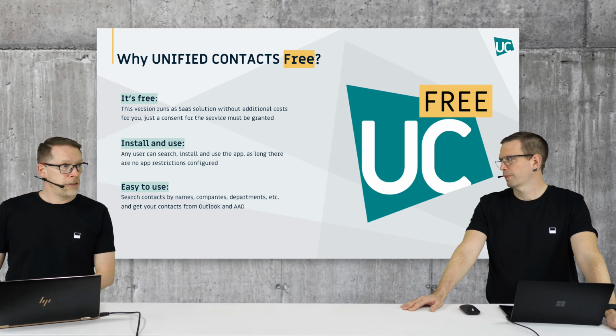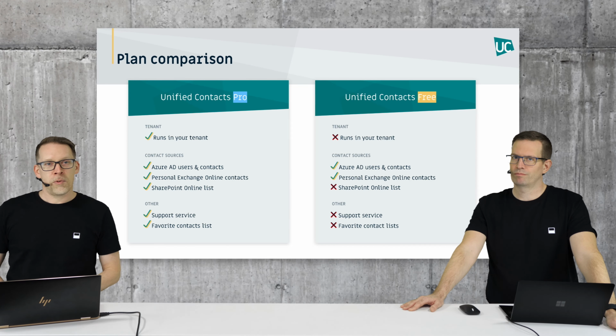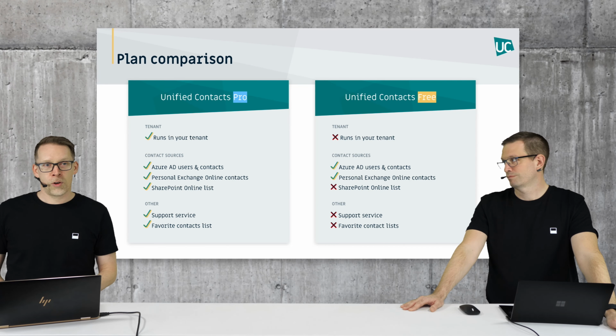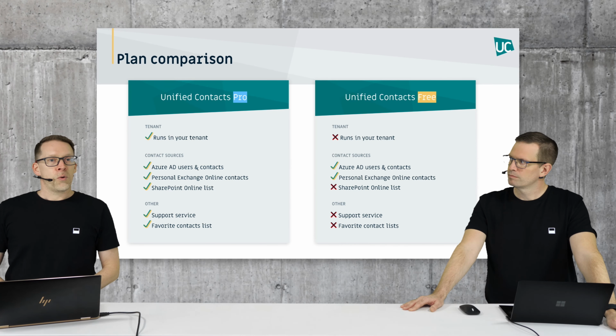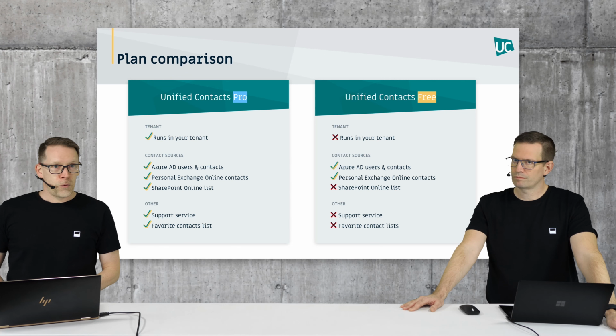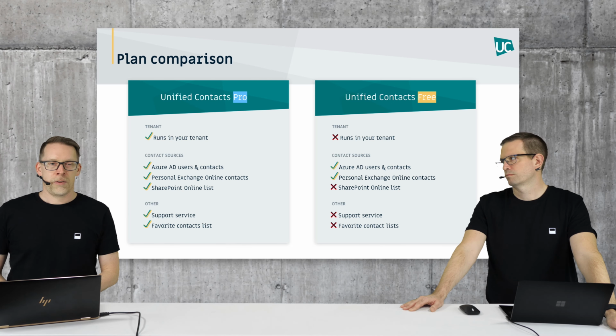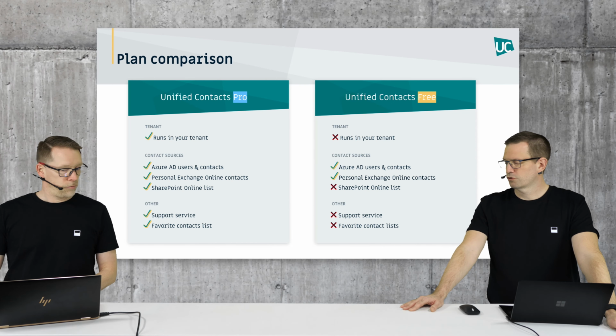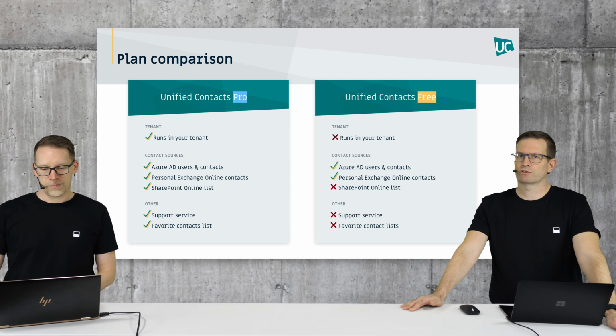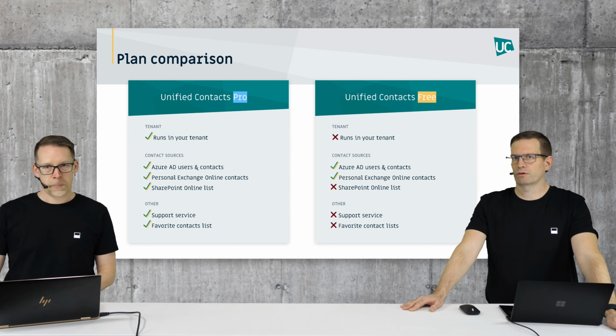Yeah, about functionalities, we have a free version and of course a pro version, so here is a small comparison of what is free and what is not. We have the Azure AD contact search and the Exchange Online contact search, but we do not have any third-party contact search, for example. Also, the support is limited. Of course we provide some support, but without any SLA.